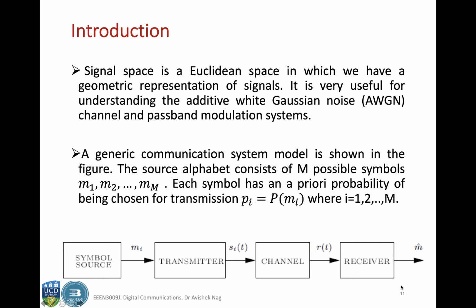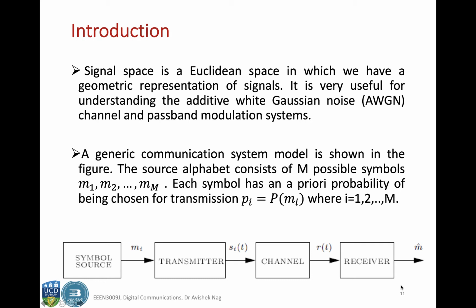So we will go through these concepts one by one. What is additive white Gaussian noise? What is passband modulation? And how is the signal space concept useful to analyze all these complex concepts in digital communication? First, let us build slowly on the concept of signal space.